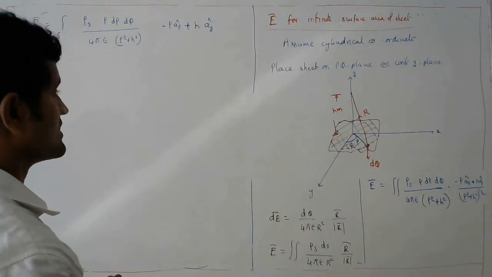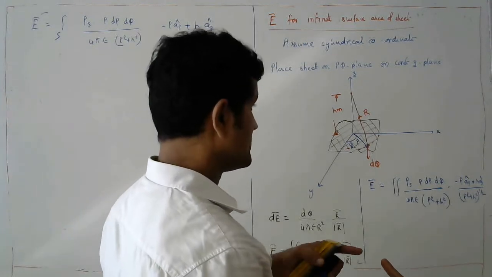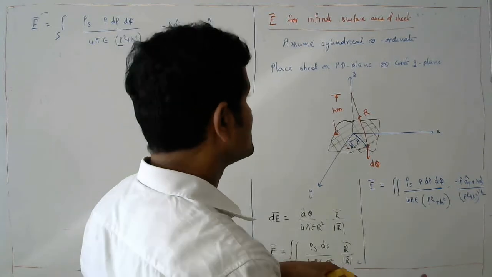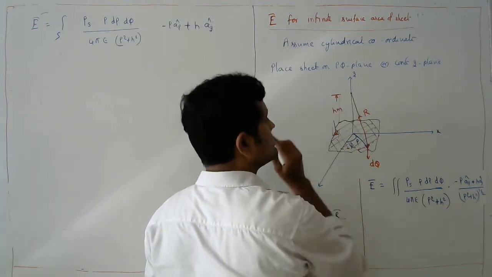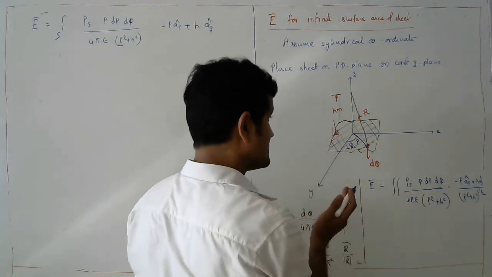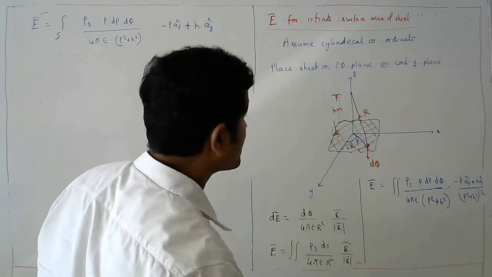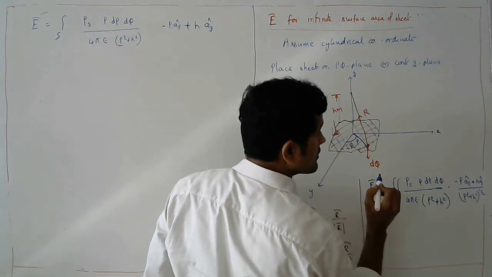Now the sheet we placed on the xy plane means the flux lines coming from here are parallel to the z-axis. The sheet is placed parallel to the xy plane, so this is a rho phi plane.